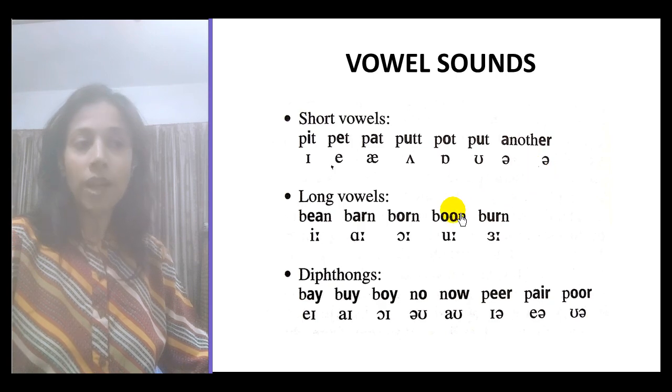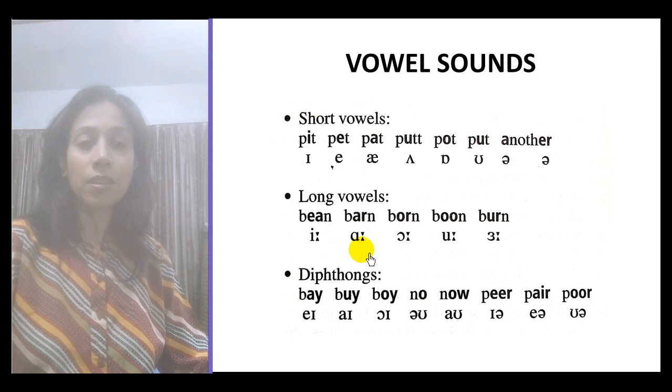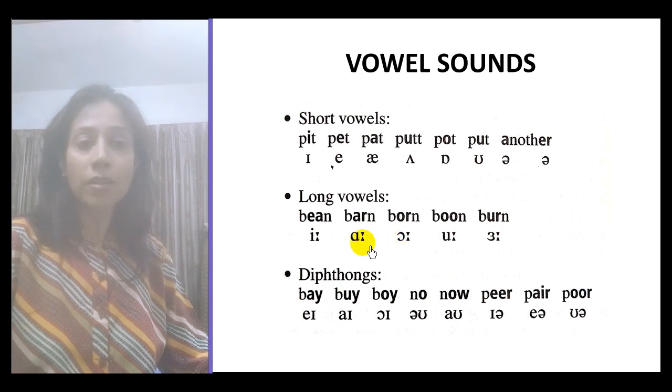Now, in the long vowel sounds, we have E sound. E, A, O, U. And again, let's check it in the example that we have. E as in bean, een, bean. Barn, R. So barn. Born, or, born.